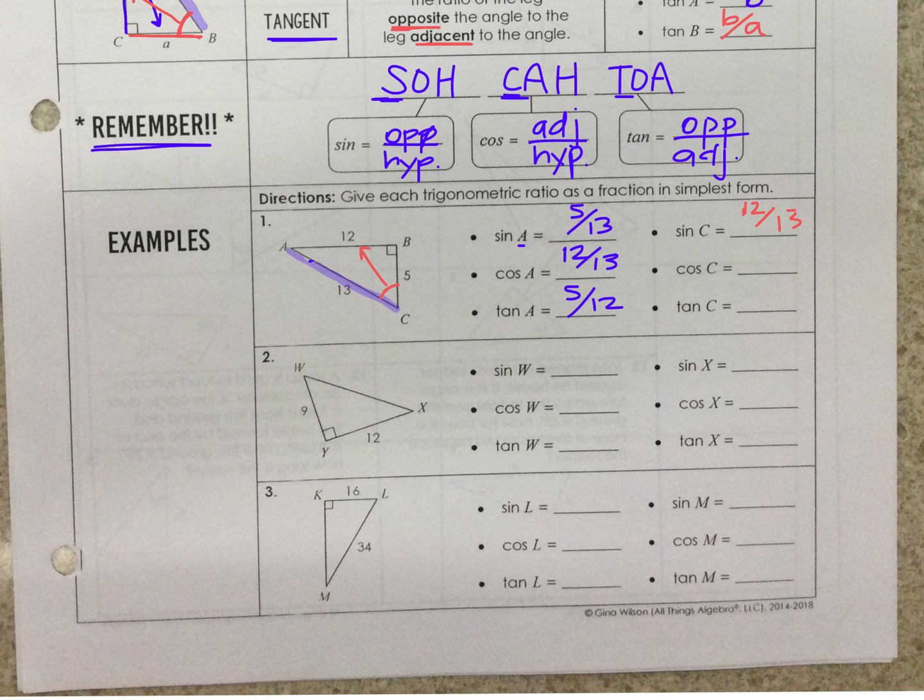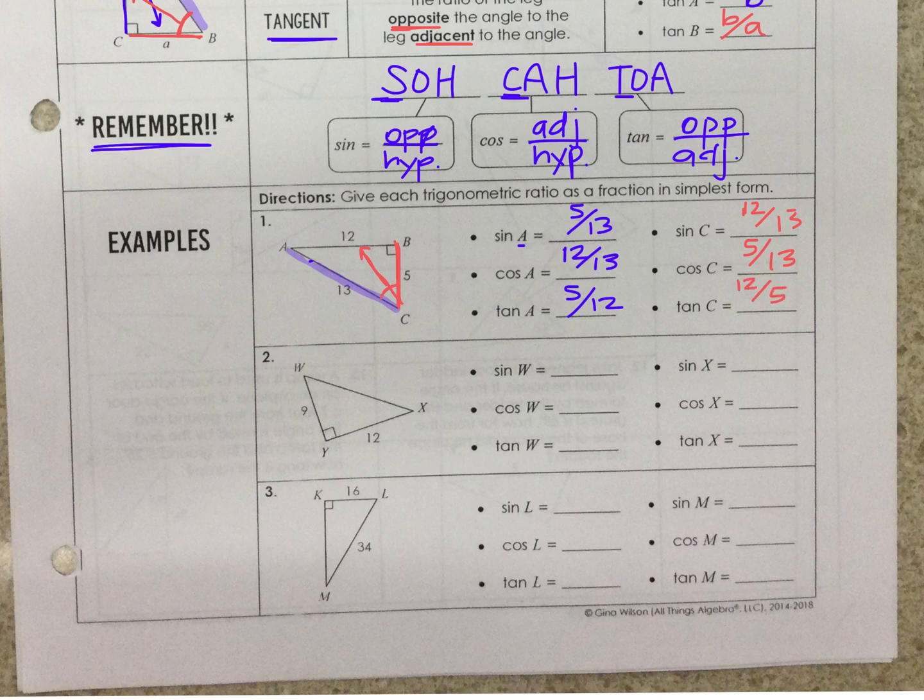The cosine of C is adjacent, the other line that makes up the angle, so 5, and we know our hypotenuse is 13. Tangent of C is opposite over adjacent, 12 over 5.